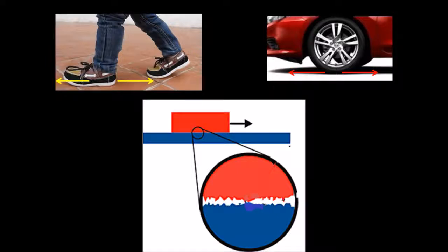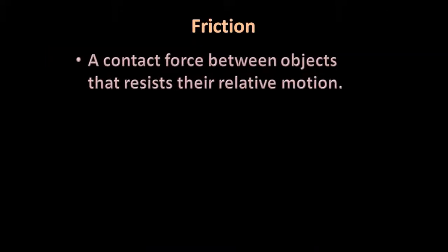Okay? Friction is a contact force between objects that resists their relative motion. When you put your hands together, you try to move them, it's the friction that causes you to have to exert more sideways force to get them to move. And it's a contact force when we speak of it macroscopically. It's only at the microscopic level that it becomes an electromagnetic force.